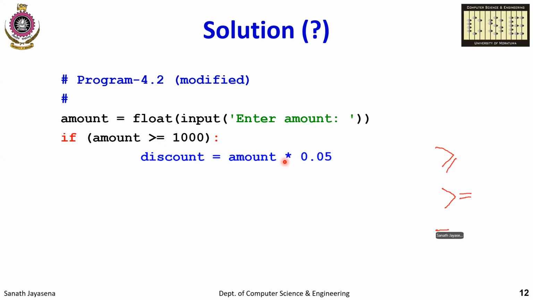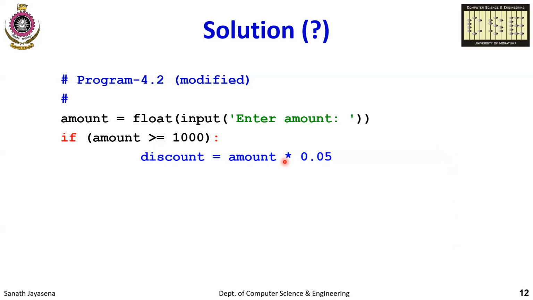Remember that we don't type equal, greater than like this. This will give you either a different meaning or a syntax error, depending on whether it is valid or not. Generally that is not the way to write greater than or equal to. It should be like this, greater than or equal to, right?